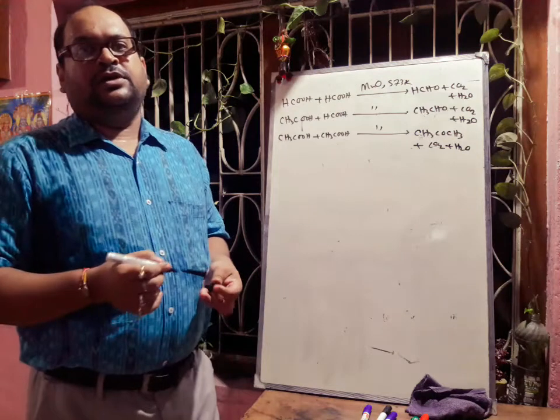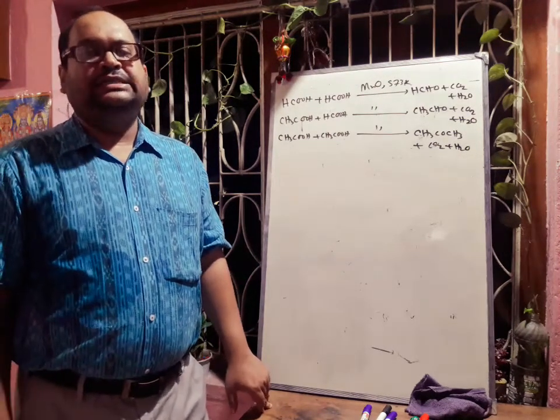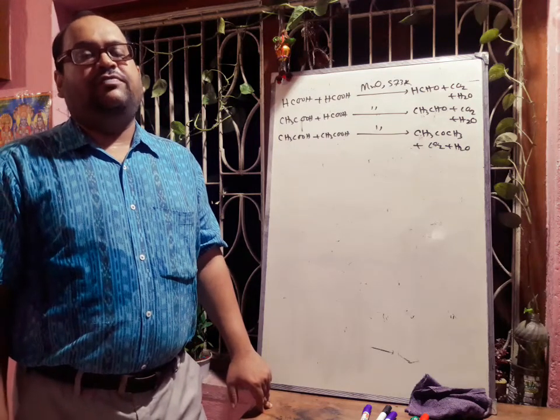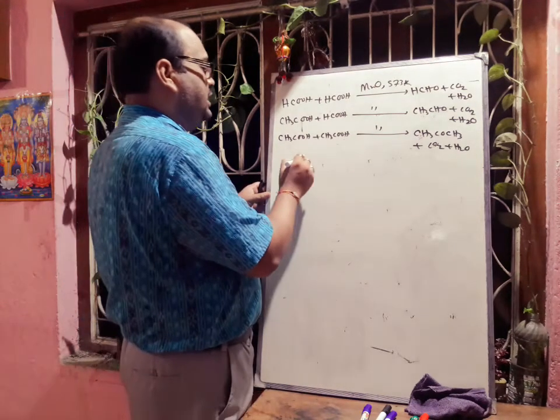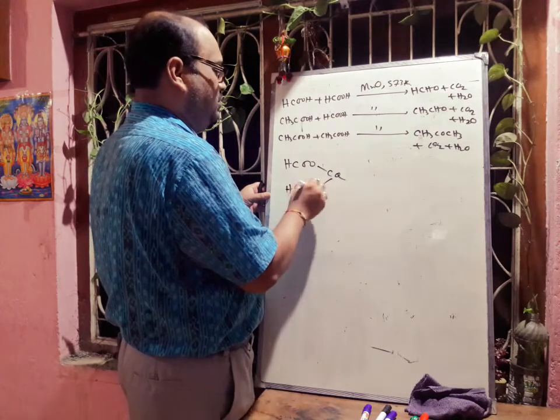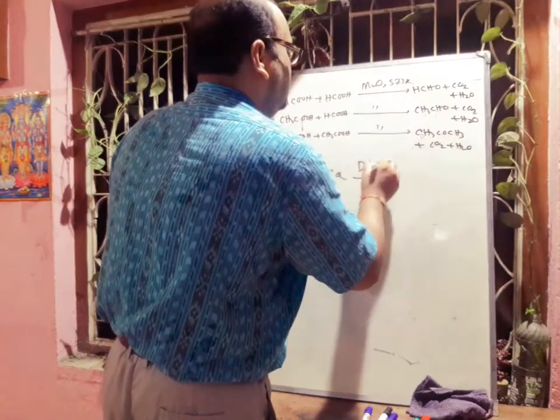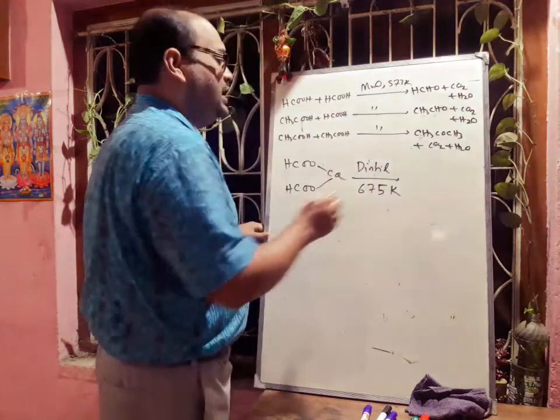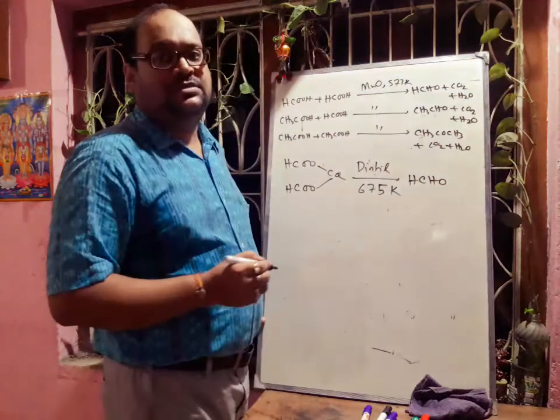Okay, so aldehydes and ketones can also be formed by distilling the calcium salt of acids. So if we take the calcium salt of formic acid, that is HCOOCa, then if we distill at 675 Kelvin, then there will be formation of formaldehyde, okay, plus calcium carbonate.